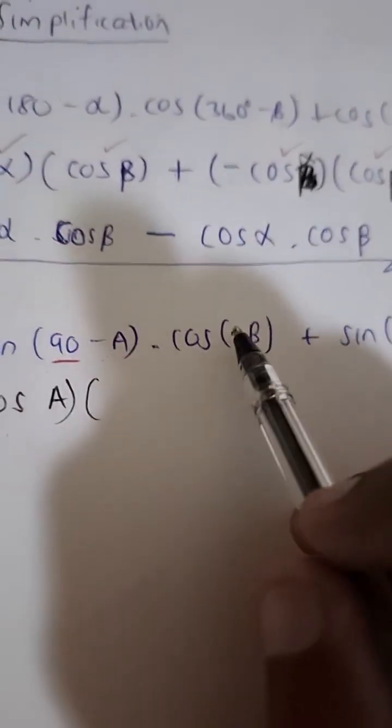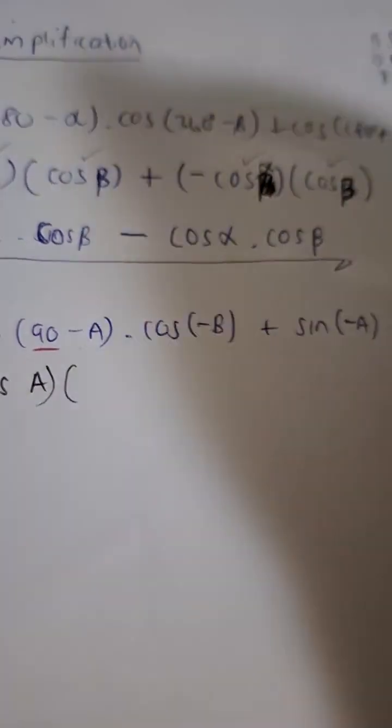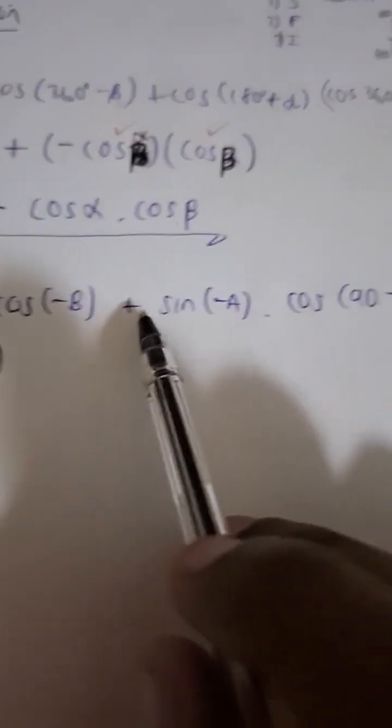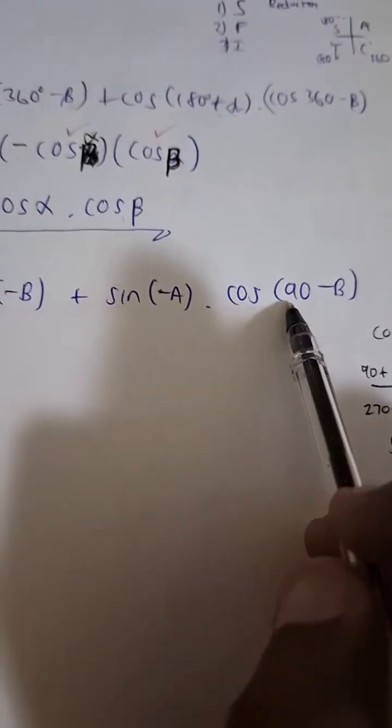So if you are going to evaluate 360 minus B in the fourth quadrant, how is cos? Cos is actually positive. So I'm going to write cos of B, in brackets. Then I follow it up with, now I need to evaluate these ones.